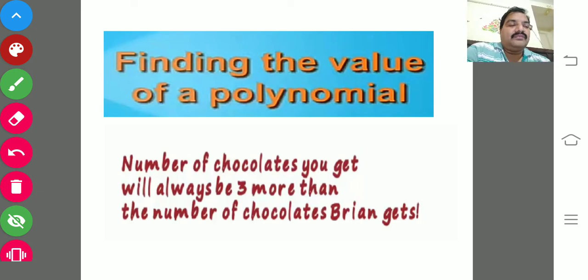So this is only the illustration. Suppose if Brian has 3 chocolates, you will get 3 plus 3, 6 chocolates. If Brian has 10 chocolates, you get 10 plus 3, 13 chocolates. So how will you solve this problem? You just observe that.